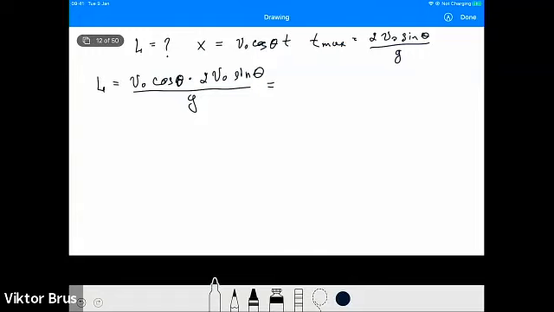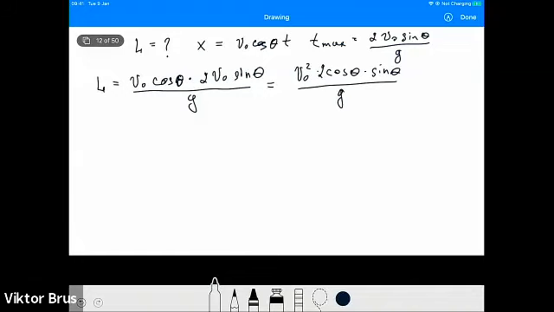So here we have v naught squared multiplied by cosine theta multiplied by sine theta, and here is also 2, I forgot, divided by g.